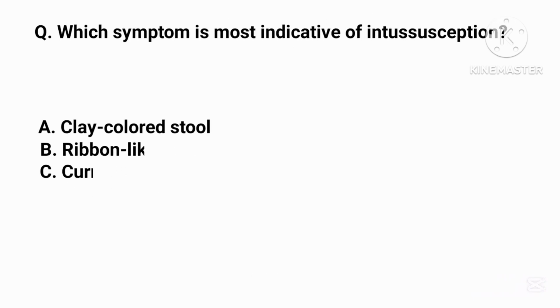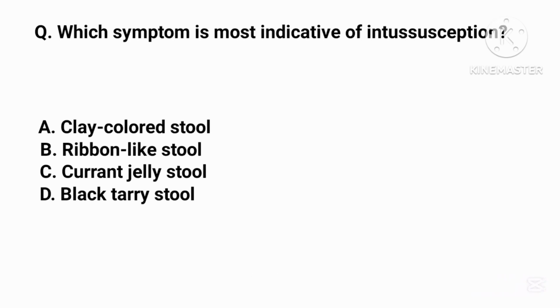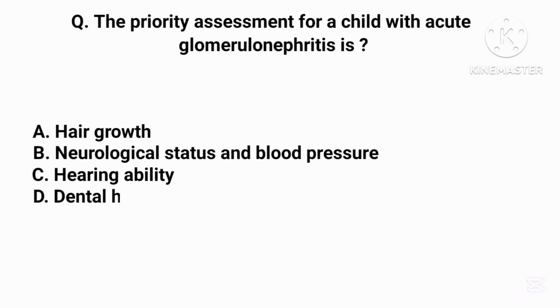Which symptom is most indicative of intussusception? Correct answer is option C, currant jelly stool. The priority assessment for a child with acute glomerulonephritis is. Correct answer is option C, neurological status and blood pressure.